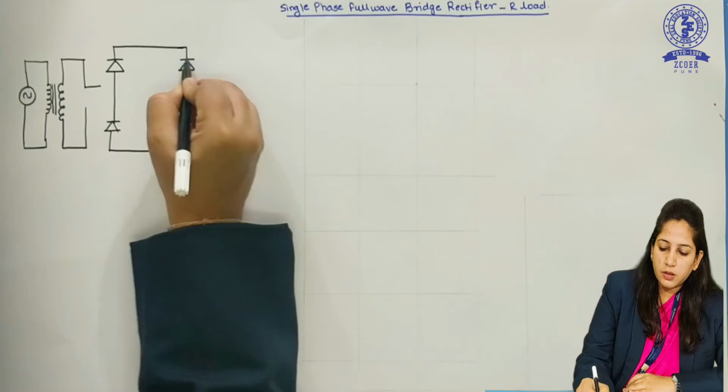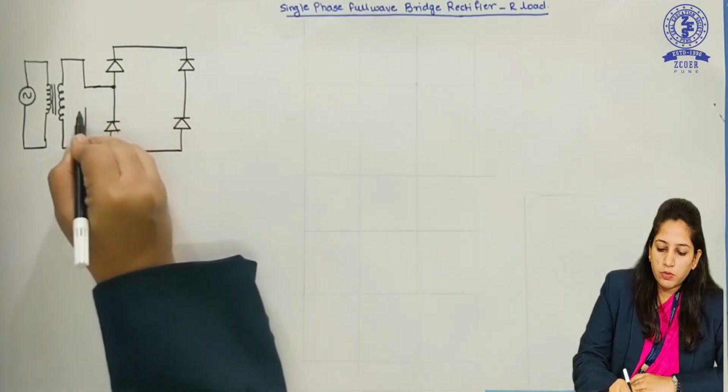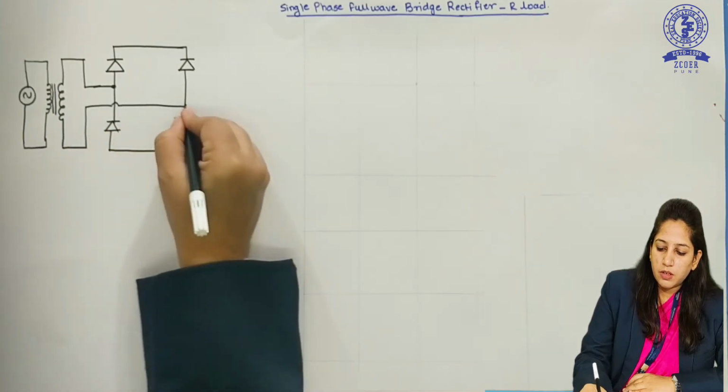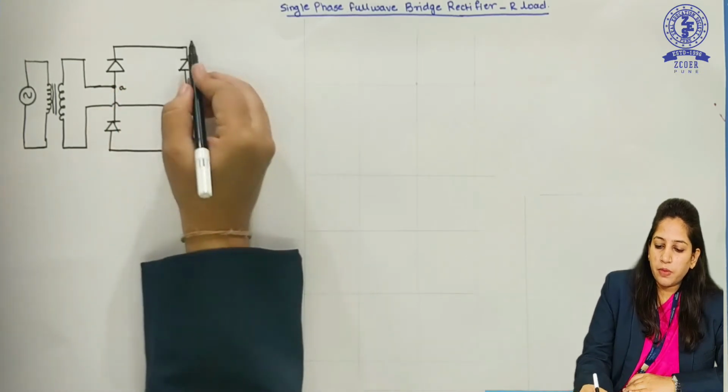So this is a bridge. Okay, and I will be connecting to this one terminal and to this another terminal. Suppose I will call this terminal as A and this terminal as B.